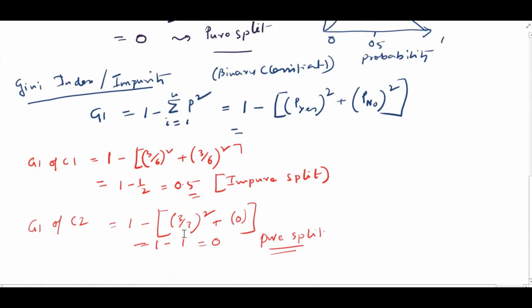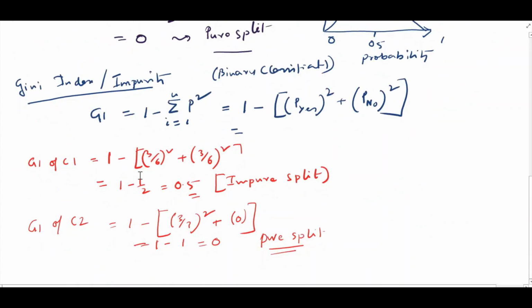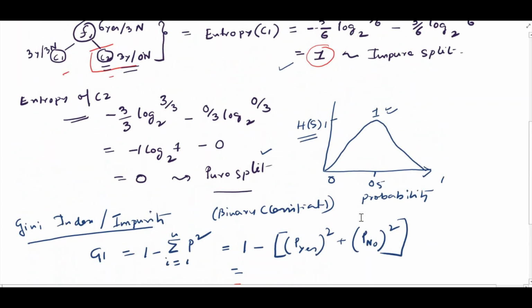Make sense? 3 by 3, because we have only 3 data, and all 3 are yes, that's why 3 by 3. Okay, cool. So what is the conclusion from this, at least right now? If you plot this into this graph, what will happen?